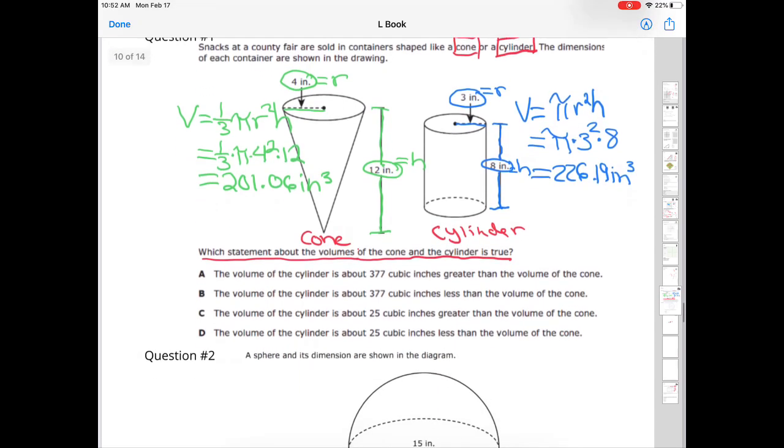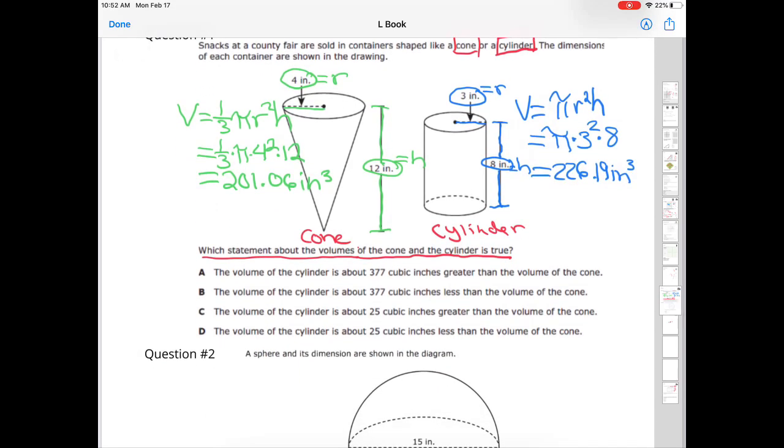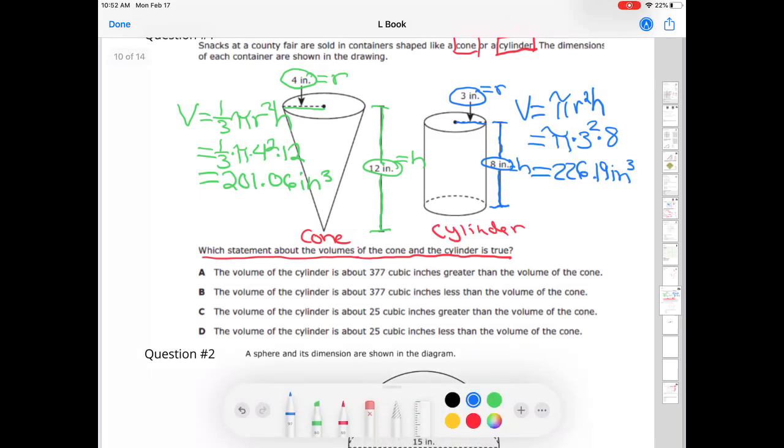Okay, now when we go down here, again, we're trying to figure out the statements. So let's read each statement and then let's see what we're talking about. Okay, so the first statement says the volume of the cylinder is about 337 cubic inches greater than the volume of the cone.